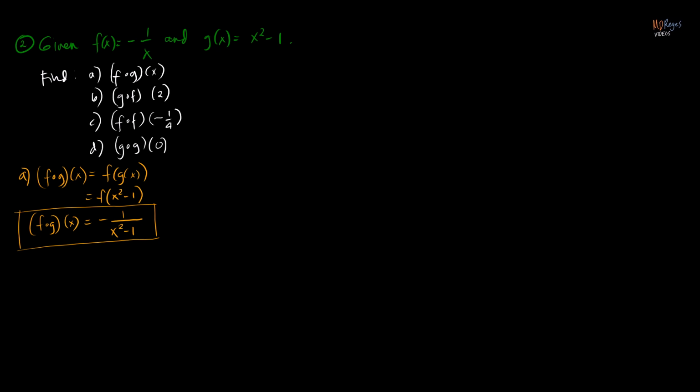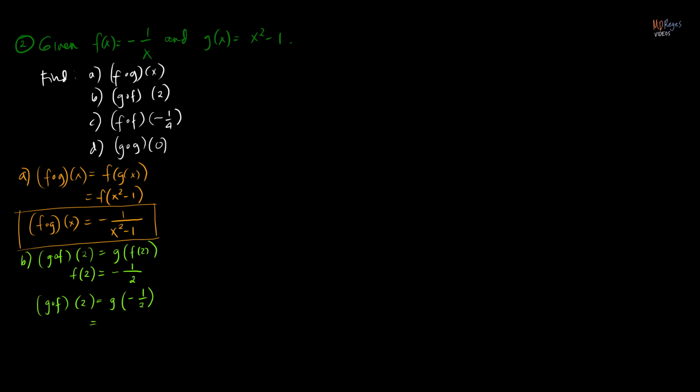Now what about letter B? Letter B is the exact value of g circle f at x equals 2. So by definition, this is g of f of 2. But what is f of 2 equal to? F of 2 is -1 over 2, or -1/2. So going back to g circle f of 2, that's g of -1/2. So what is g of -1/2?